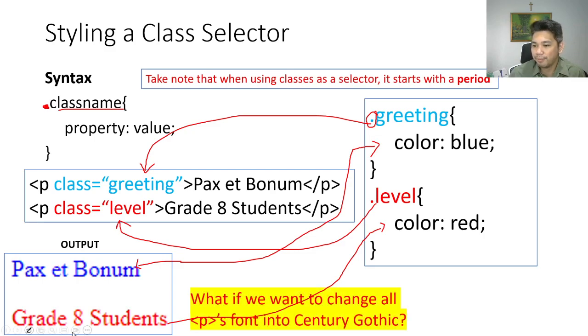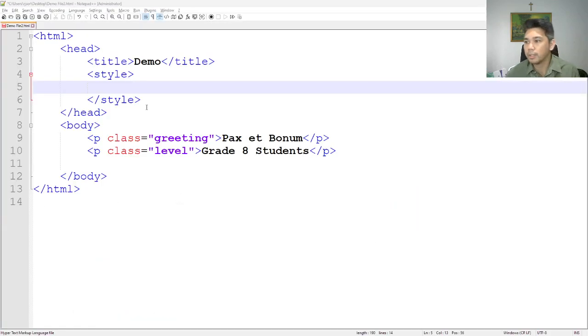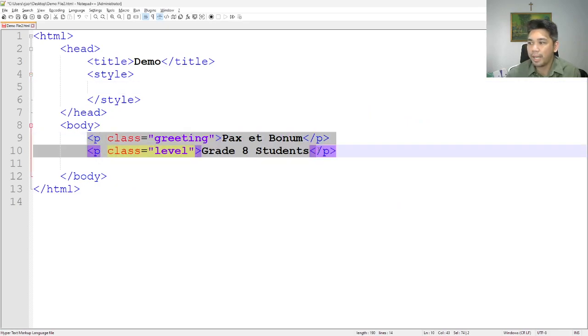All right. Now what if we want to change all paragraphs into Century Gothic? Wait, let me write that one down. I have here the two paragraphs.